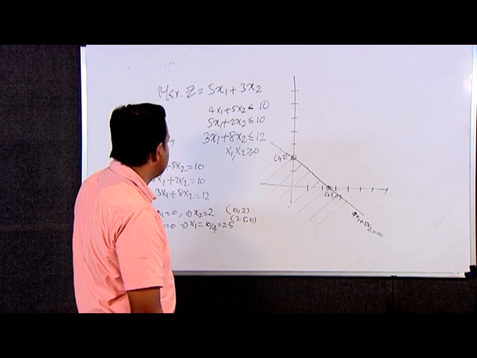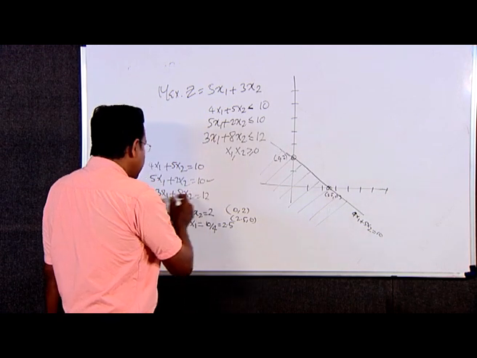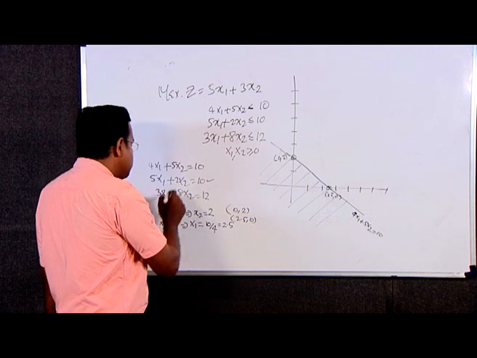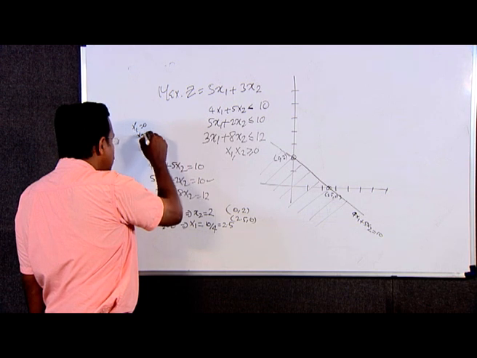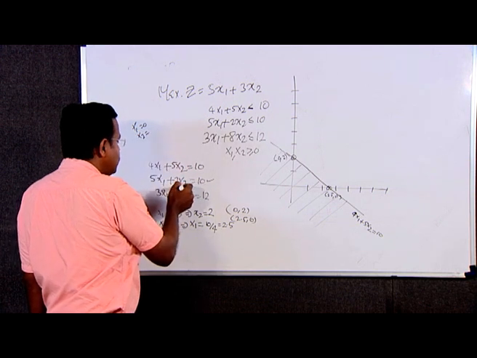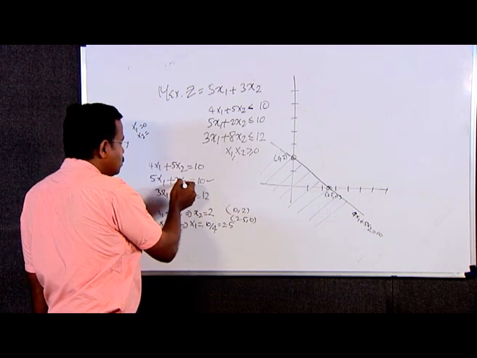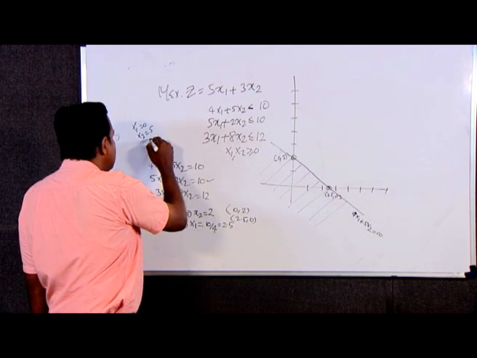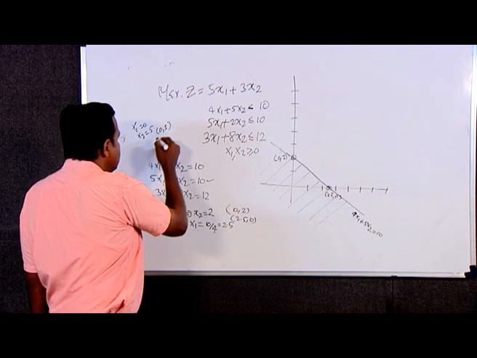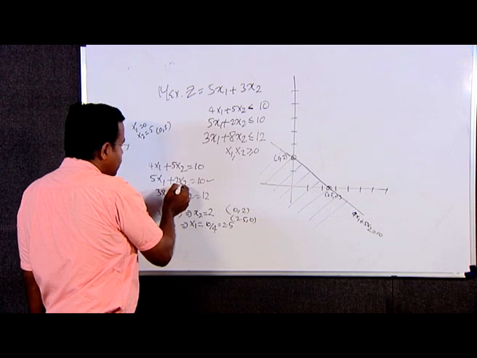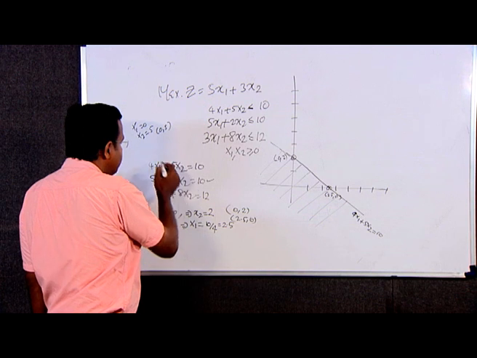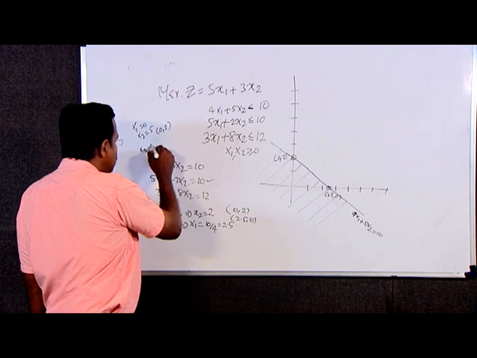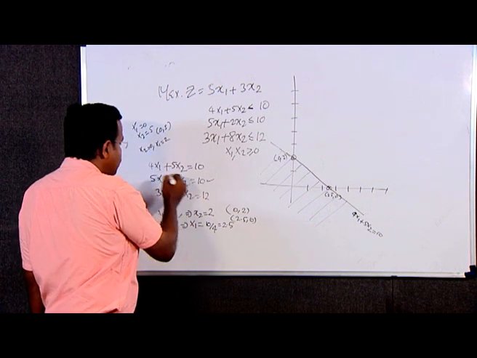Next is 5x1 plus 2x2 equal to 10. To draw this straight line, let x1 equal to 0, then x2 equal to 10 divided by 2, that is 5. So, the first point is (0, 5). Next assume x2 is 0, then 5x1 equal to 10, or x1 equal to 10 divided by 5, that is 2.